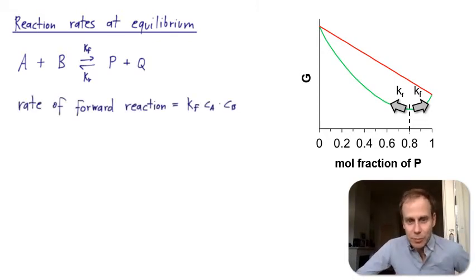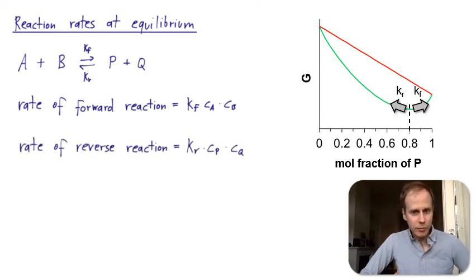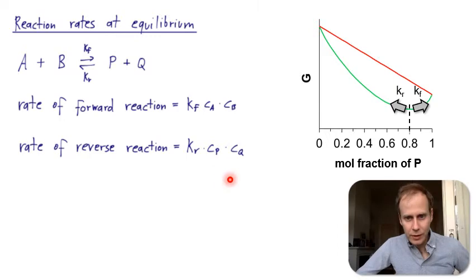So you can now express the rate of the forward reaction with a rate law, right? So the concentration of A times the concentration of B times the rate constant for the forward reaction. The same thing we can do for the reverse reaction: the concentration of product P and the concentration of product Q times the rate constant for the reverse reaction.